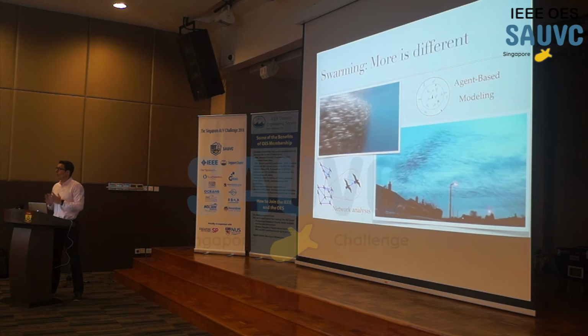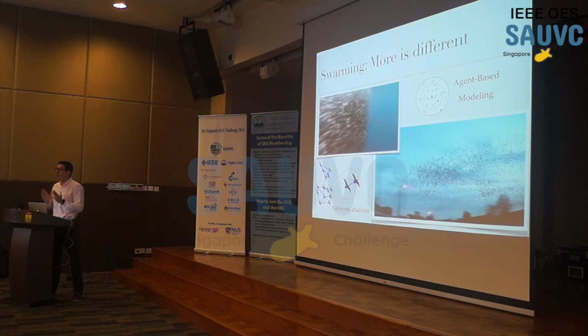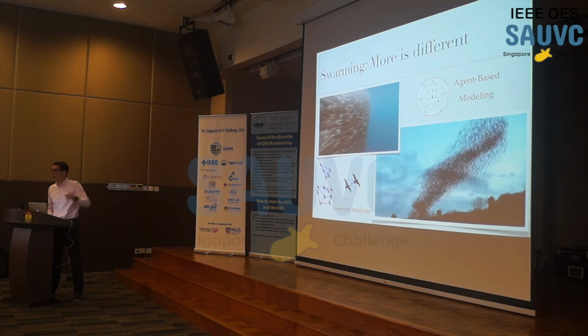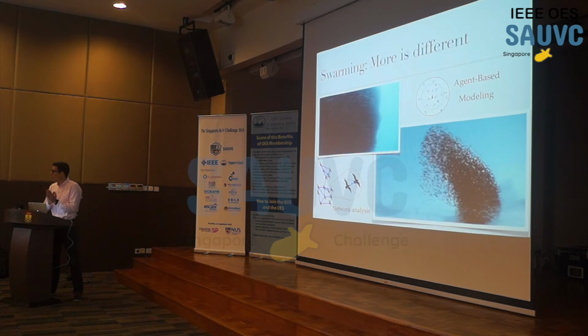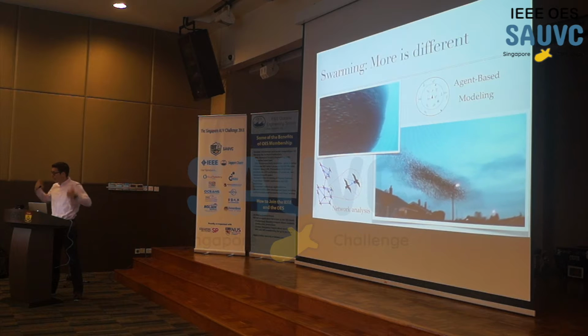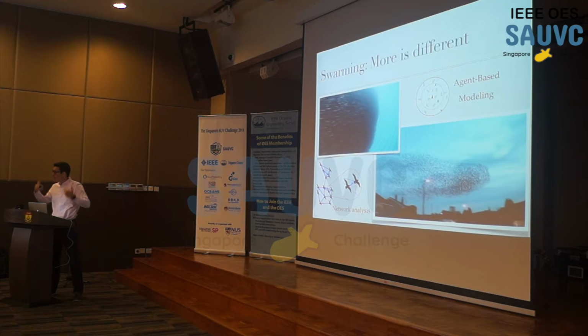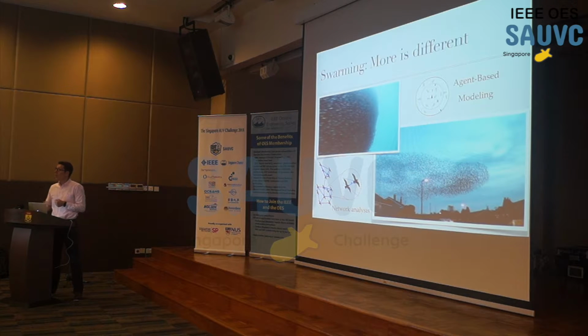At the same time, they try to maintain some distance away from other animals. If you look at the fish, they're very close to one another, and in order to do that, they use lateral line sensing. They use pressure sensors on their body in order to maintain a safe distance between one another. So you have attraction, you have alignment, and you have avoidance. These are some of the basic rules that we have in our system as well.